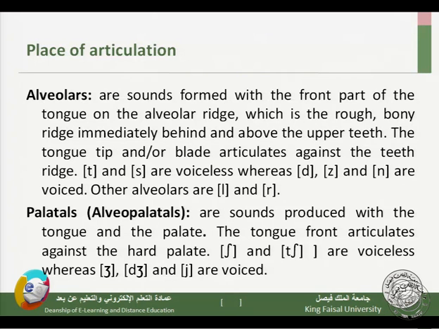The sounds produced can be t and s, and these two sounds are voiceless. You can see that the front part of the tongue touches the alveolar ridge to produce t or s, which are two voiceless sounds.